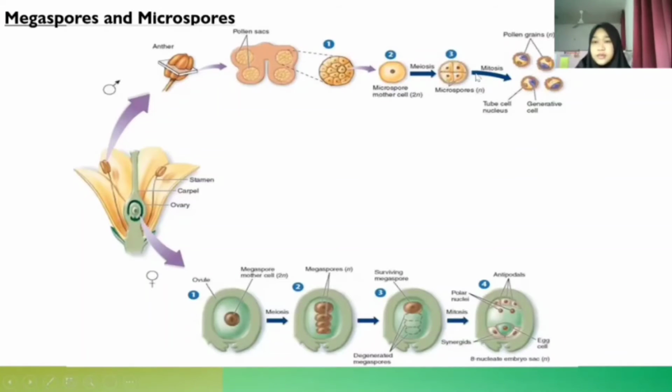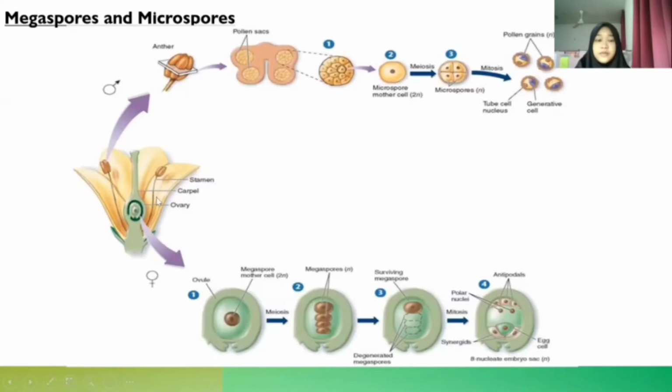Each of the 4 microspores will undergo mitosis to produce a male gametophyte, or the pollen grain. In the pollen grain, there are 2 cells, which are the generative cell and the vegetative cell, as well as a tube cell nucleus.